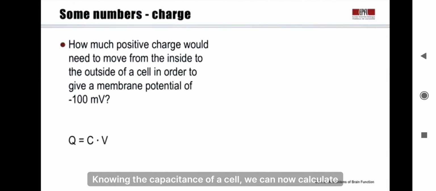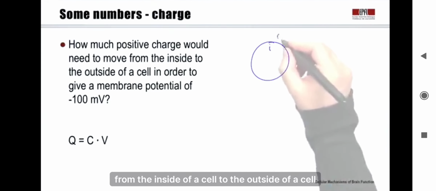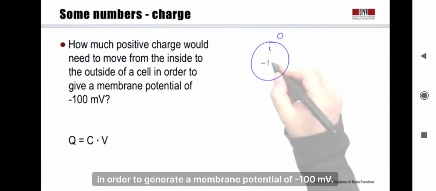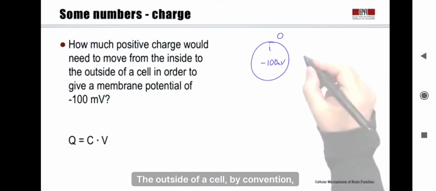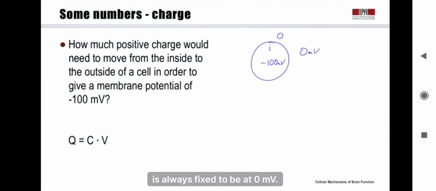Knowing the capacitance of a cell, we can now calculate how much positive charge would need to move from the inside of a cell to the outside of a cell in order to generate a membrane potential of minus 100 millivolts. The outside of a cell, by convention, is always fixed to be 0 millivolts.